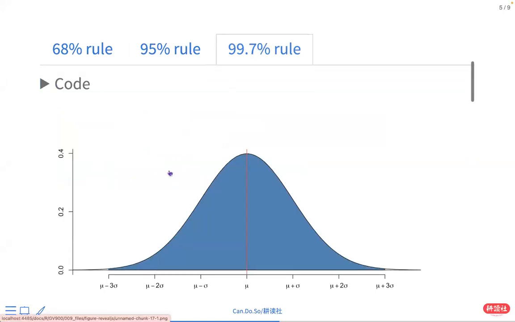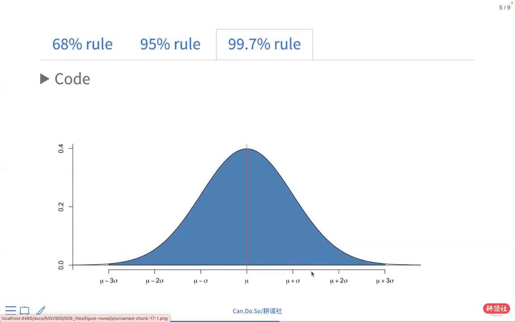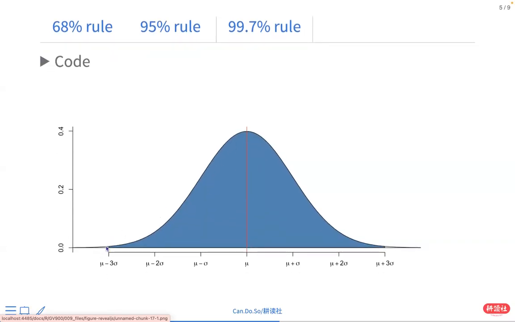And 99.7% is almost the whole area, only 0.3% is left.